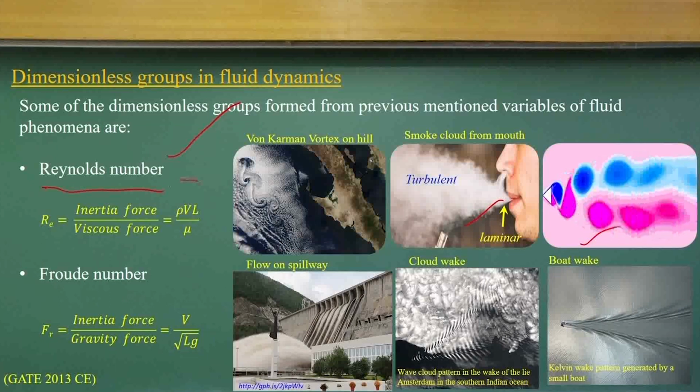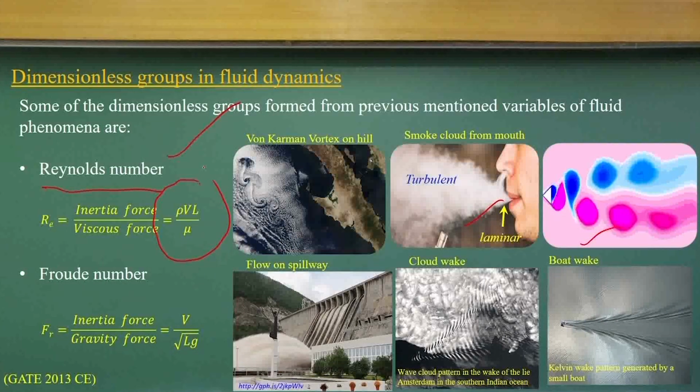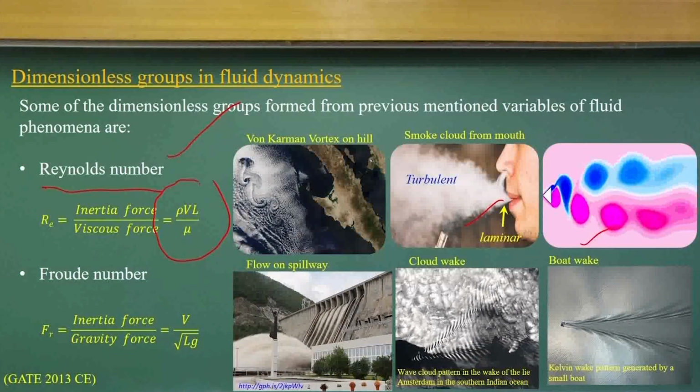You can compute it as rho V L by mu. I am leaving you to do that exercise; otherwise we will discuss it in your assignment. You can compute that the inertia force by viscous force is the Reynolds number. We can do that using virtual fluid bulb concepts also. So it is a ratio, in fluid flow problems, of the inertia force versus the viscous force.